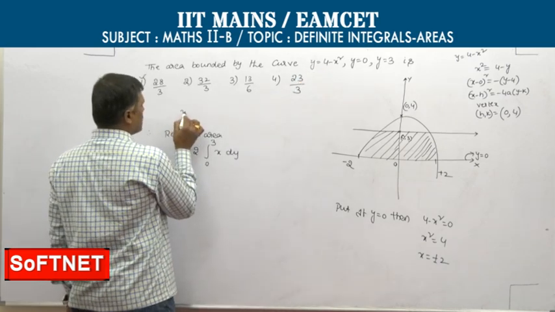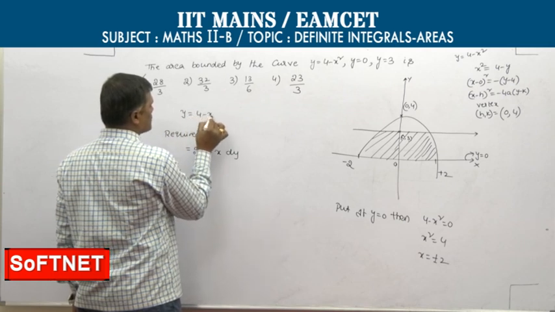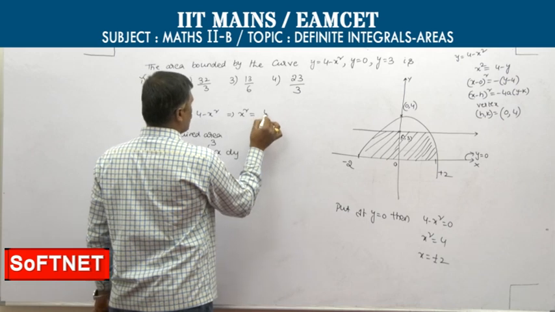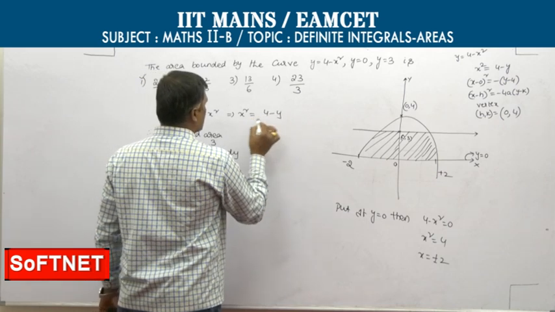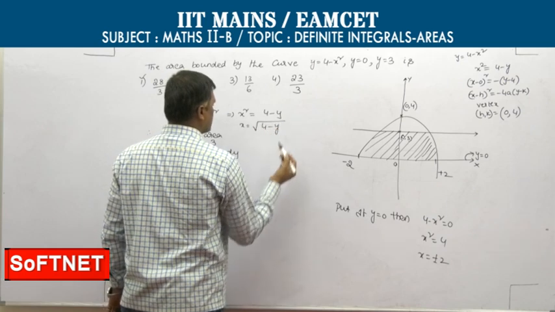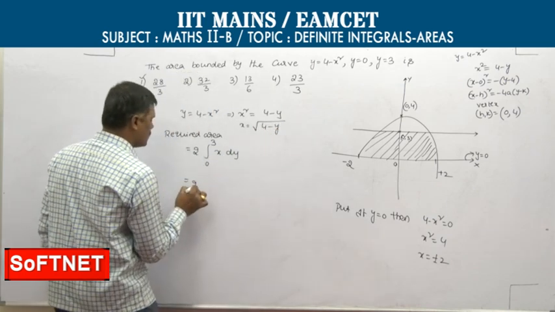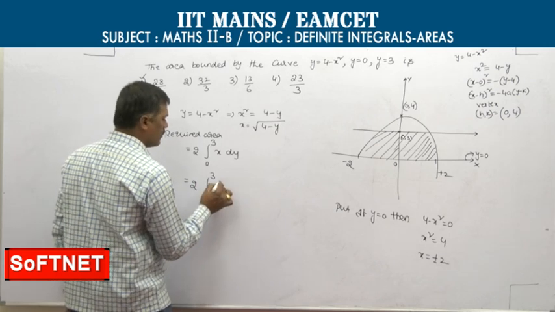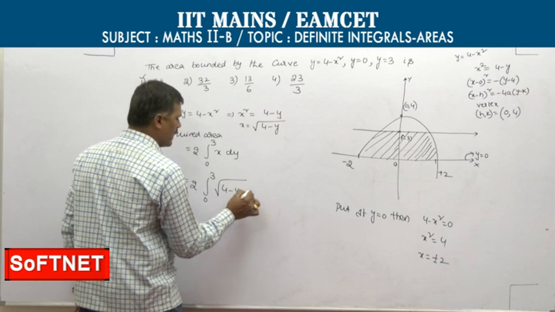Given curve is y equal to 4 minus x square, that implies x square is equal to 4 minus y, x is equal to under root of 4 minus y. That is equal to 2 into the integral of 0 to 3 of root over 4 minus y into dy.